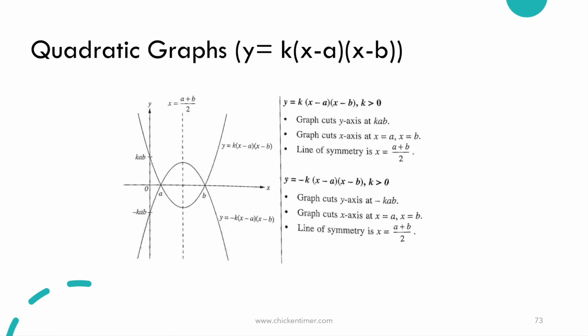Then there's the other kind of quadratic graph, which is in this format, so you have two brackets. If k is positive, it's a smiley graph, and if it's negative, it's a frown face again. The x-intercepts are a and b, and the line of symmetry is the average of a and b.